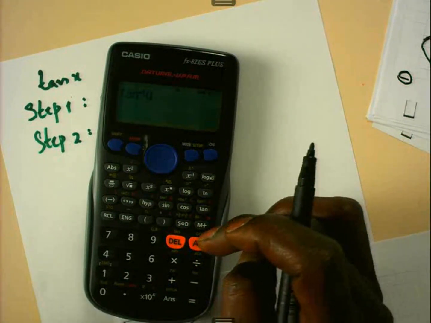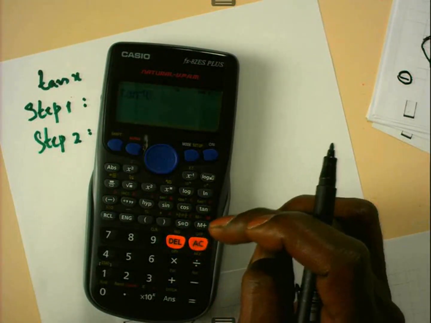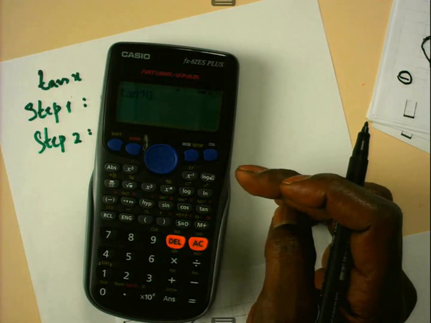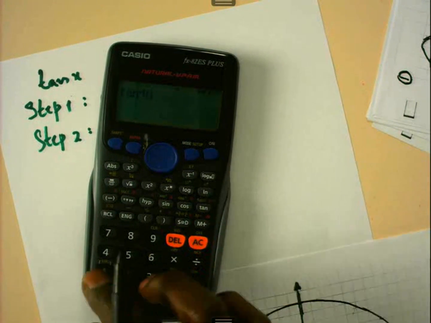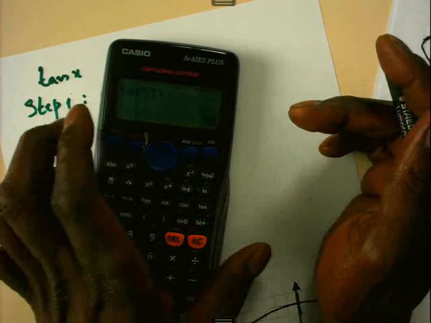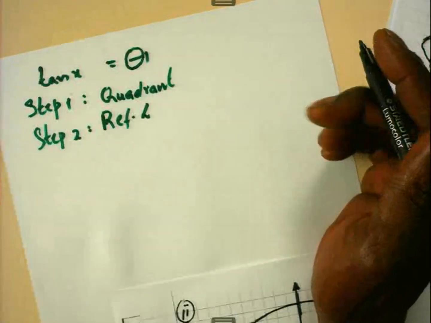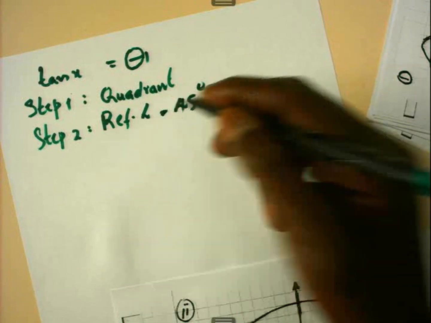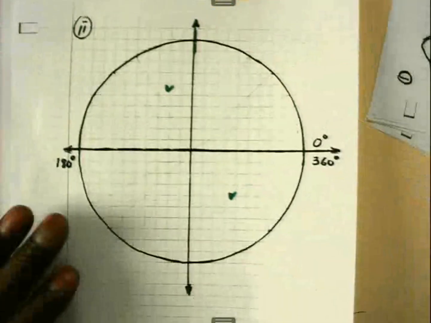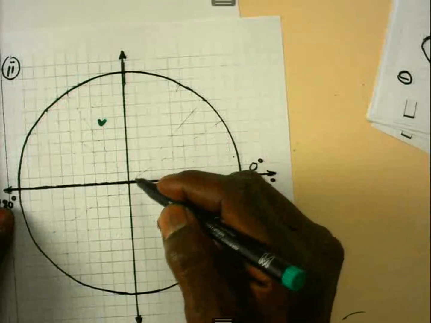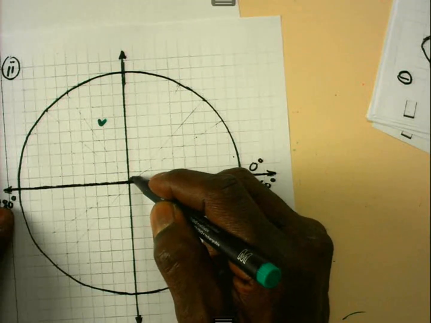I want to press -1. Oops, wrong. I've already used -1 just to identify the quadrant. So I need to press just 1 and then the equal sign, and my reference angle is 45 degrees.